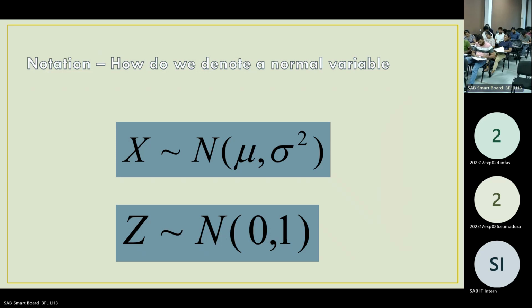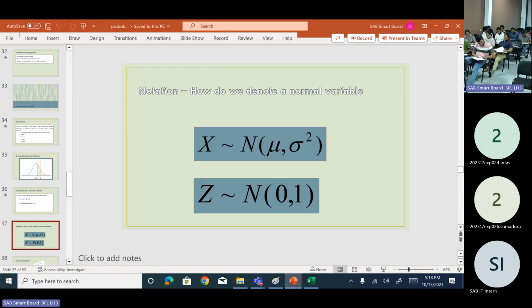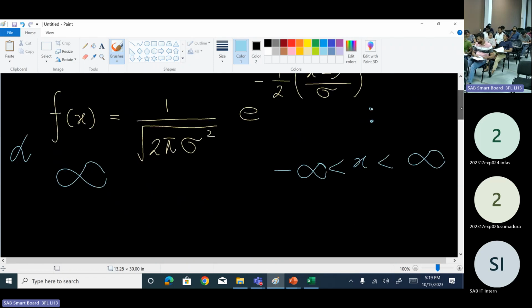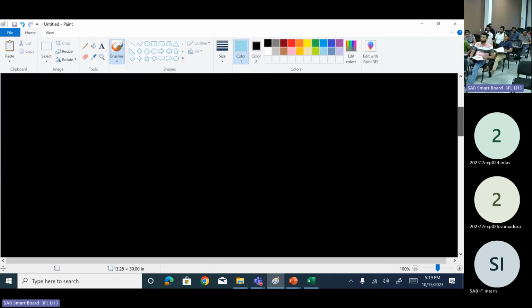Then it can be denoted by, X follows normal distribution with parameters mu and sigma.